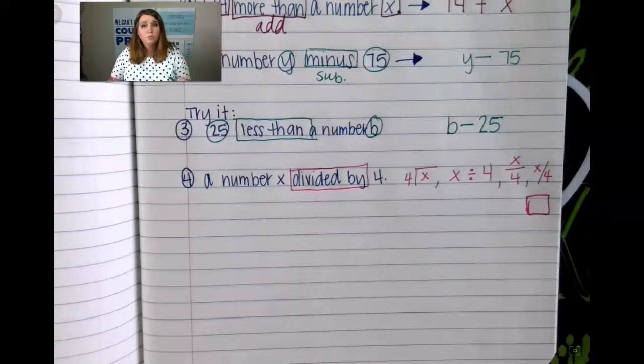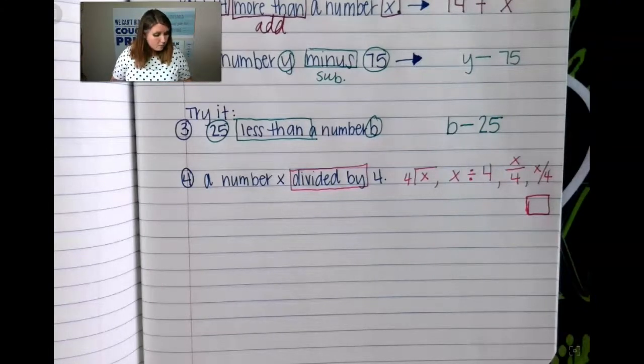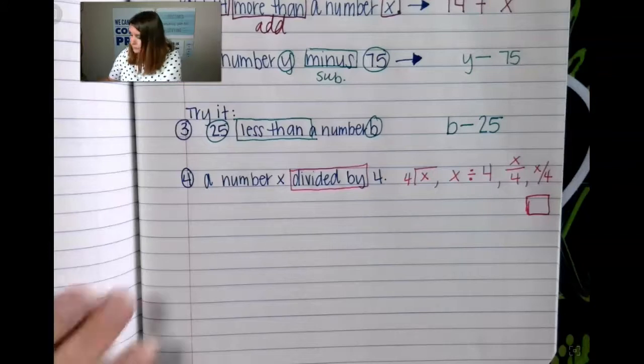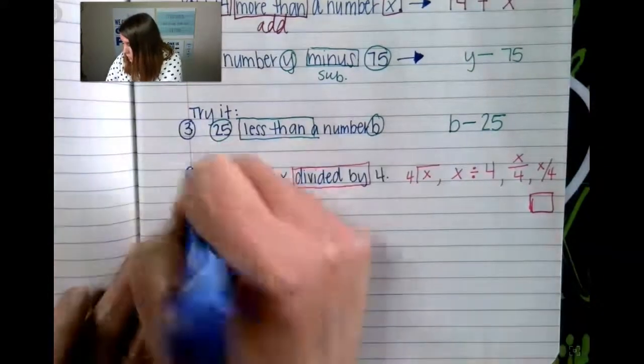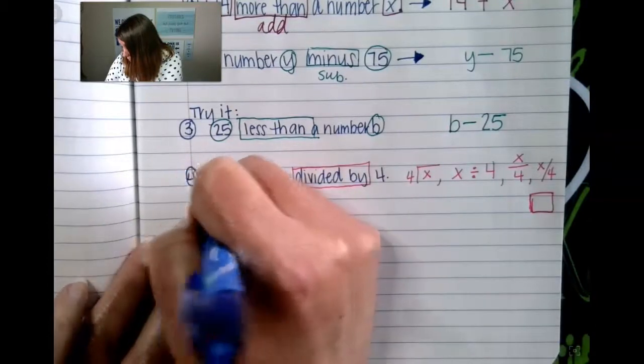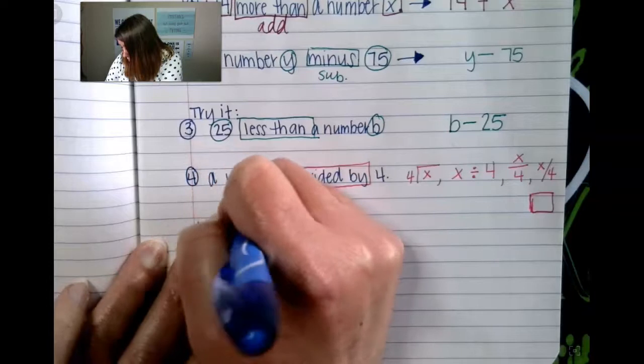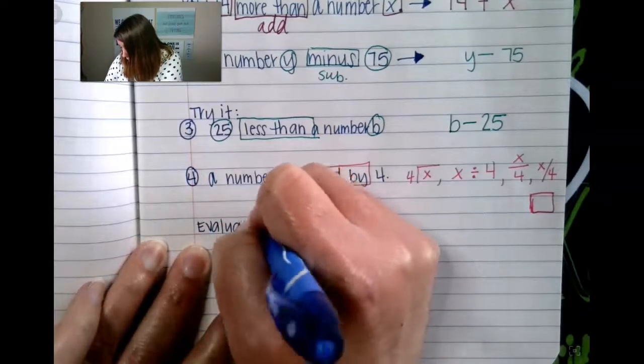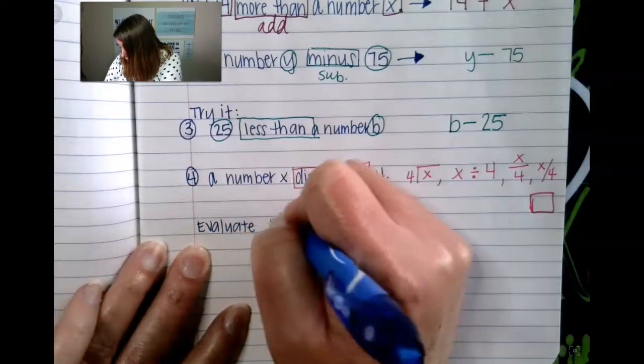Before we do a real world problem, we're going to actually add in some values for this. Okay, so let's go ahead and put in some values. Okay, so solving. So now we're going to evaluate algebraic expressions.